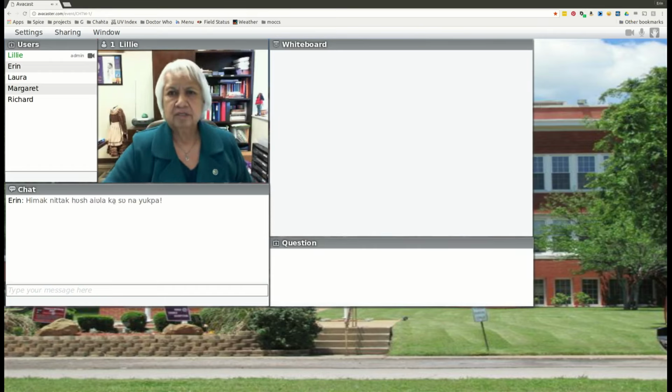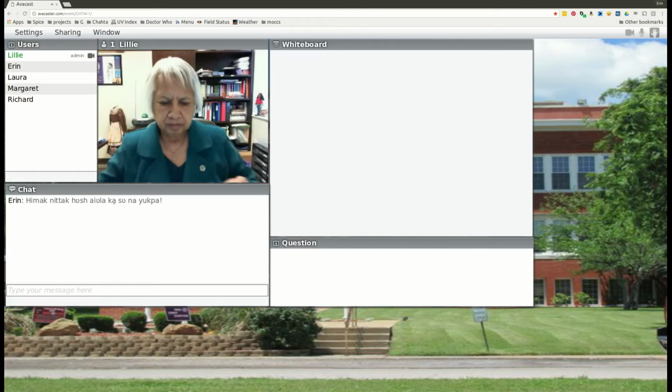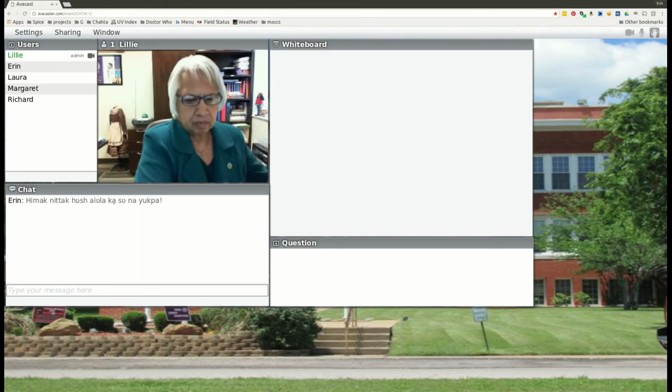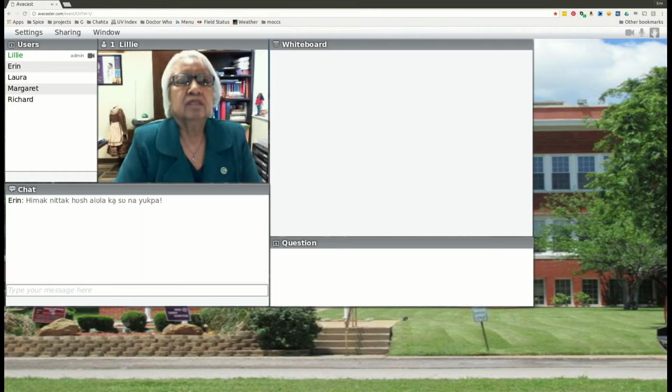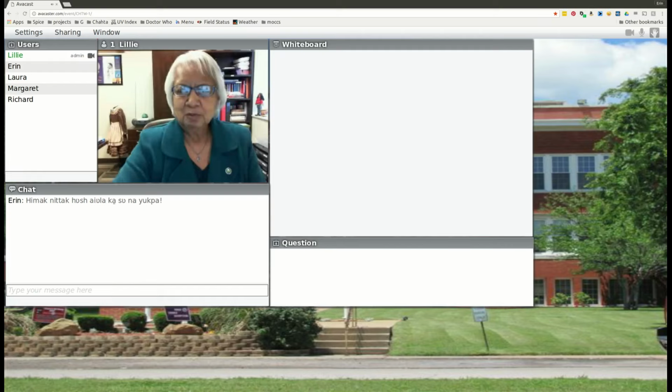Okay, I was typing some things into the whiteboard. When I type, sometimes my computer, if I get stuck on one letter or space, it just keeps going, and it's irritating.